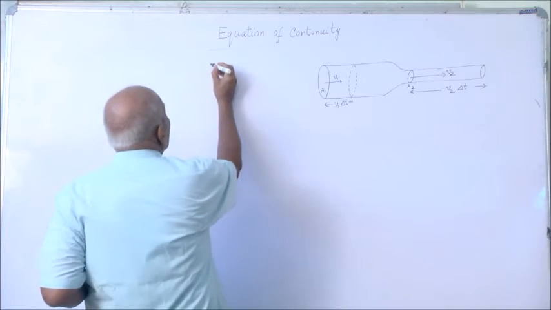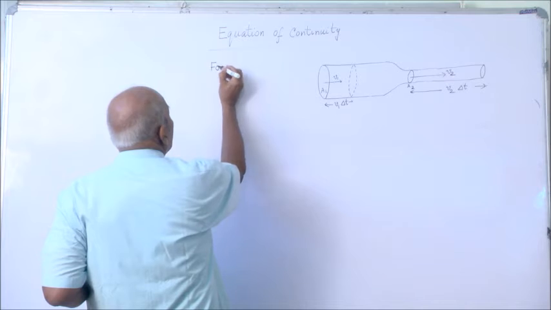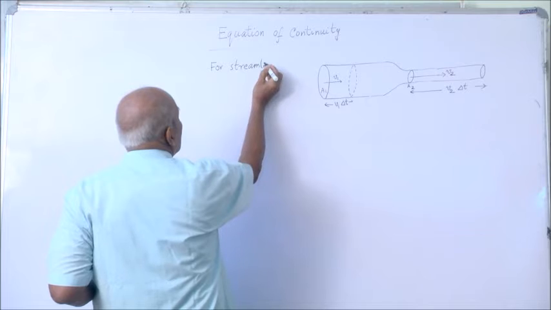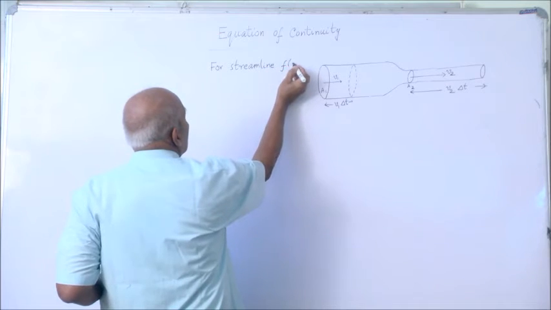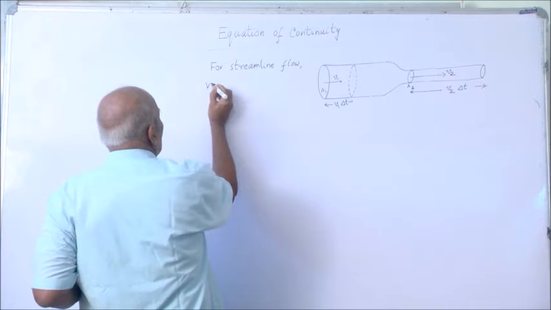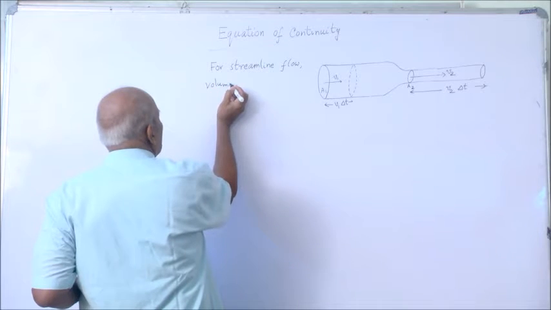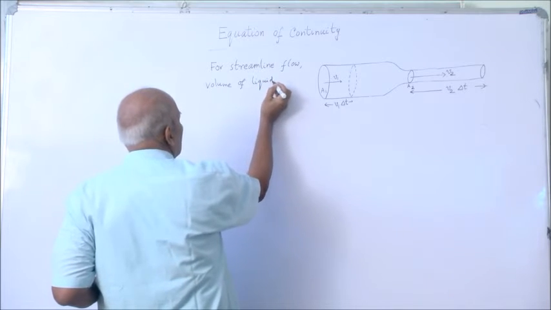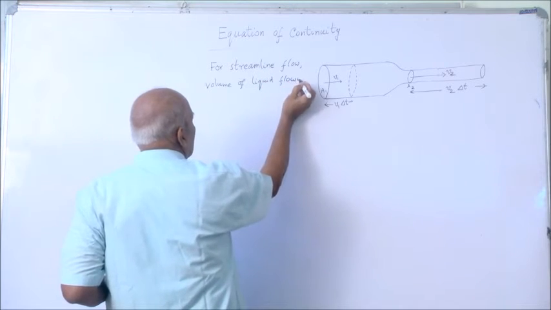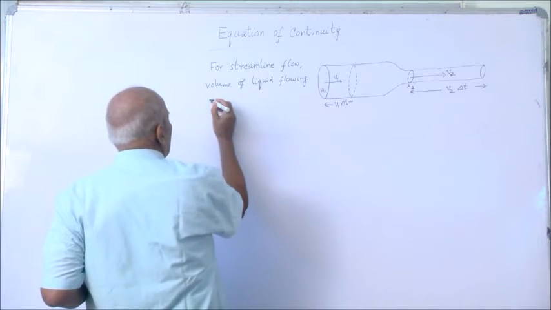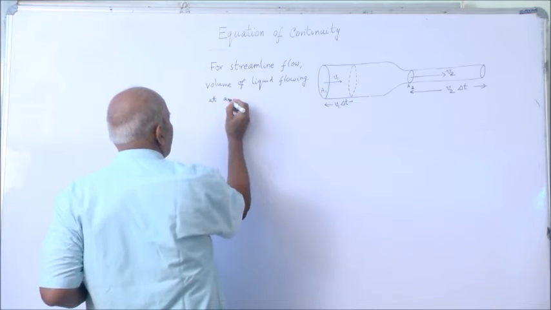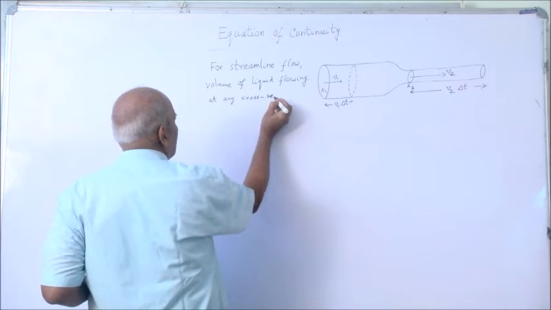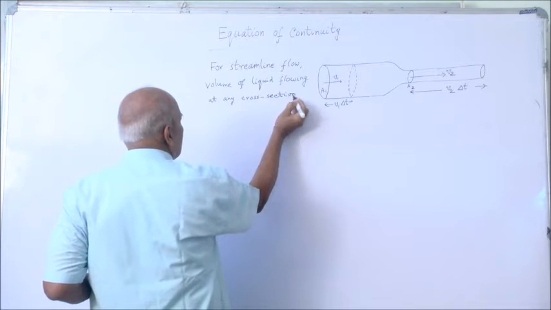So, main thing is, for streamline flow, the volume of liquid flowing at any cross section is a constant.